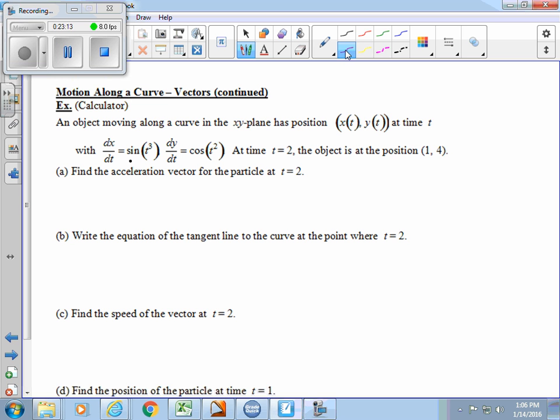Part A, find the acceleration vector at time 2. We already have velocity, do we agree? So what is the acceleration vector at any time? We'll start there.